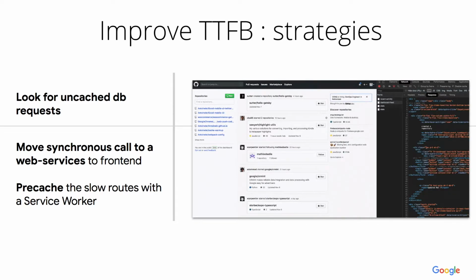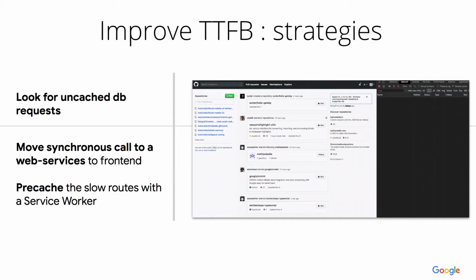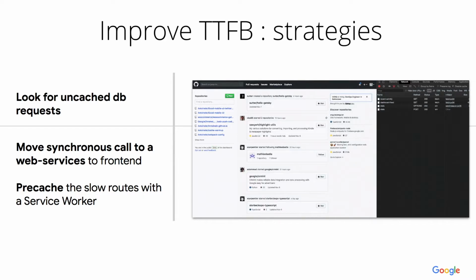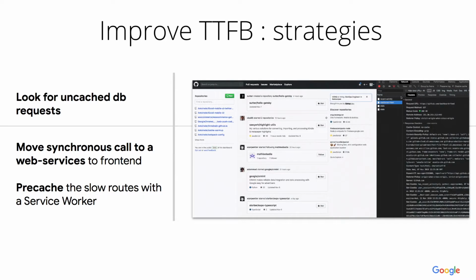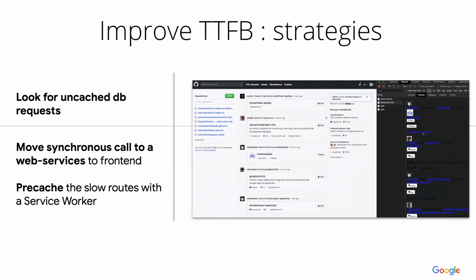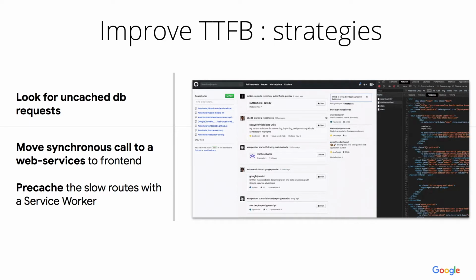For example, they decode the IP address to get the location on the backend, or they are calling a couple of APIs, but they are doing that on the backend. Something that you could do is to move those calls to the front end. In this GIF, it's a good example.